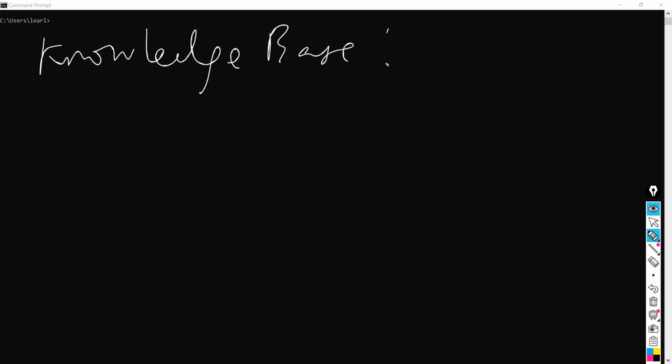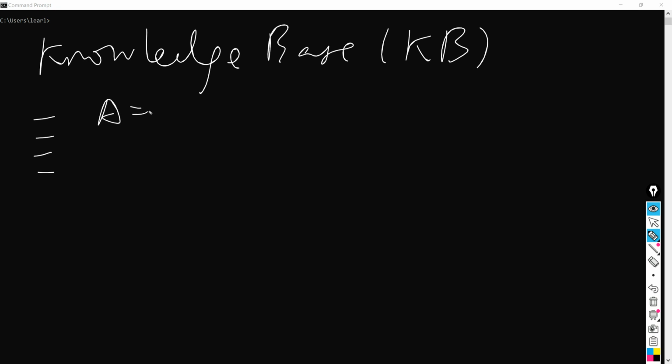Next is the knowledge base. This is really, really important. Normally if we have exams on this topic, I would say 90% of the time they will give you a knowledge base and ask you to do something. The knowledge base, or KB, will give you a lot of conditions, or things that we already understand.